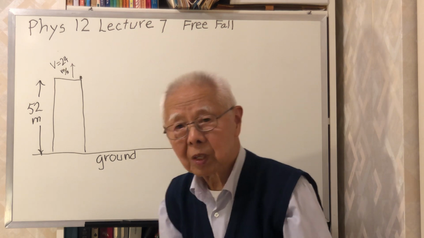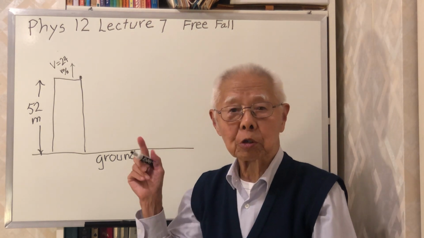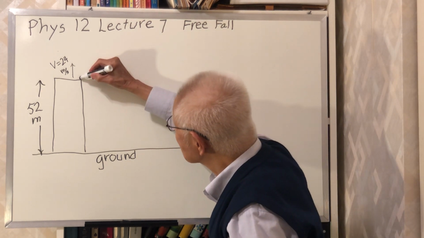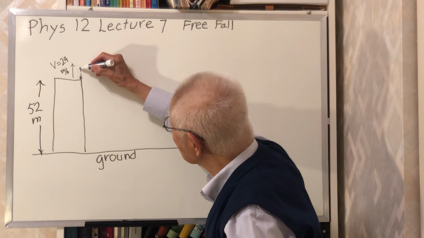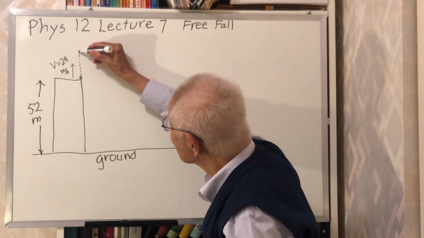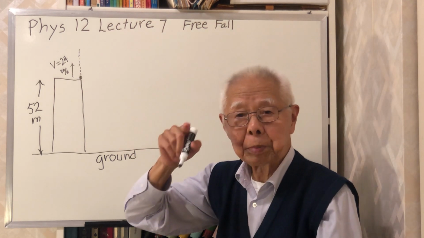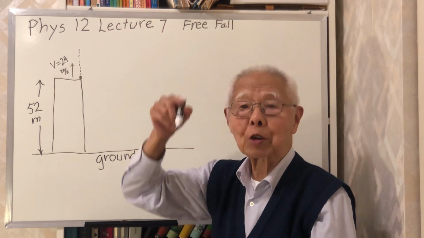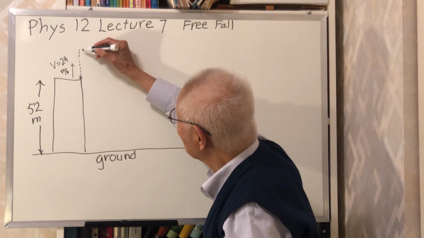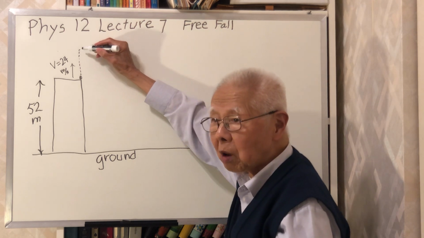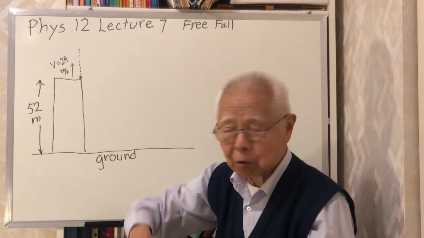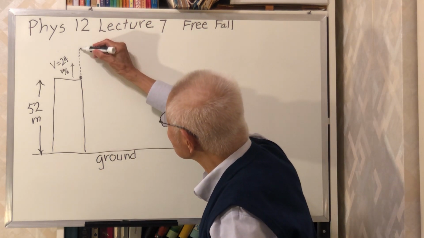I throw the ball up. Can you imagine what happens to the motion? You throw it up, it will go up. But the velocity becomes less when it goes up, right? Until the velocity becomes zero. So suppose at this point the velocity is zero, then the ball is falling down, right?